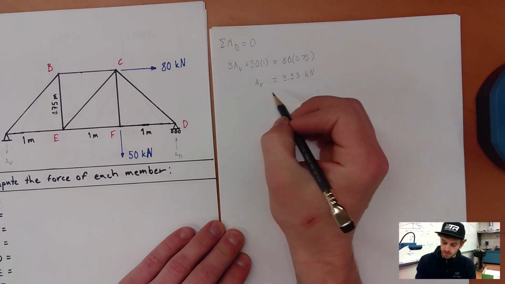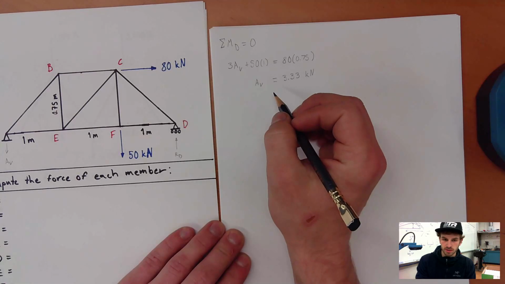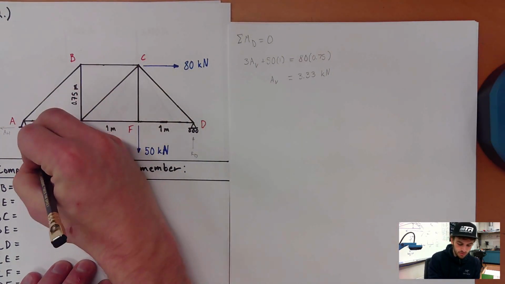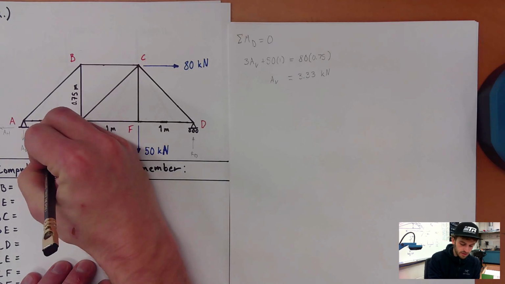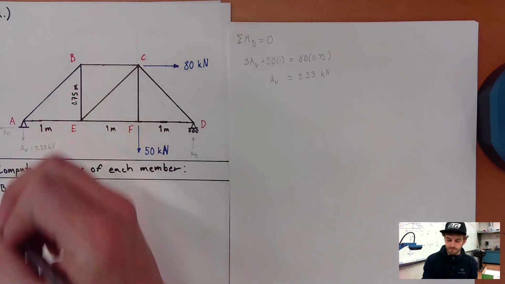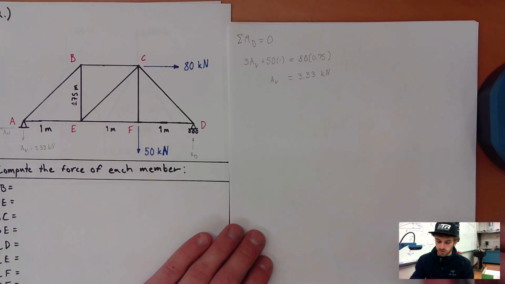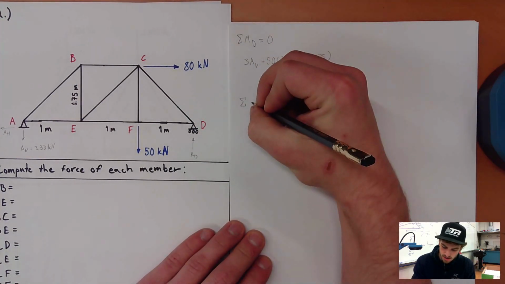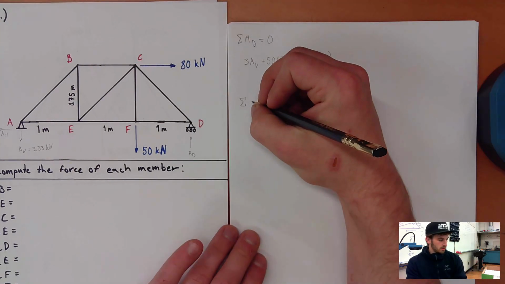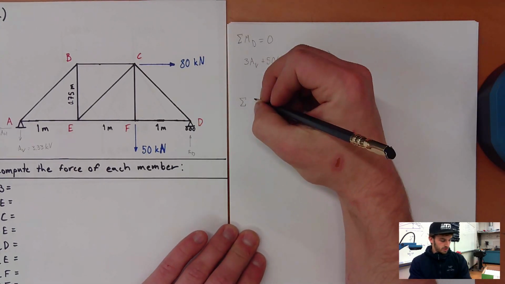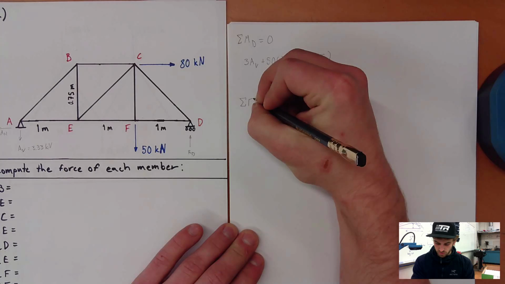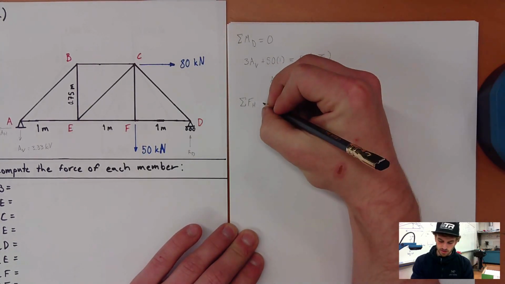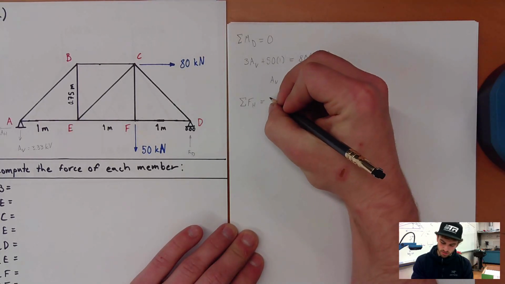Okay, now we're going to look at the forces acting in the horizontal direction. So we know that we've got our vertical forces acting on point A. Lovely. We could fill that in here. It's equal to 3.33 kilonewtons. Now we need our horizontal direction. So we have the sum of the forces acting in the horizontal direction is going to equal 0.